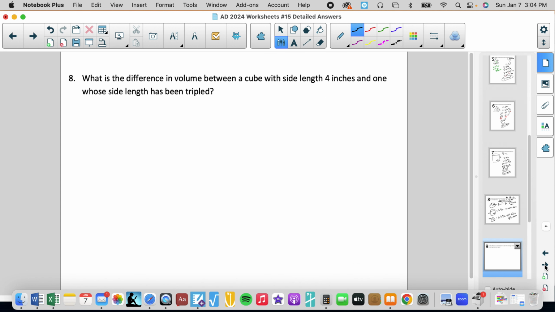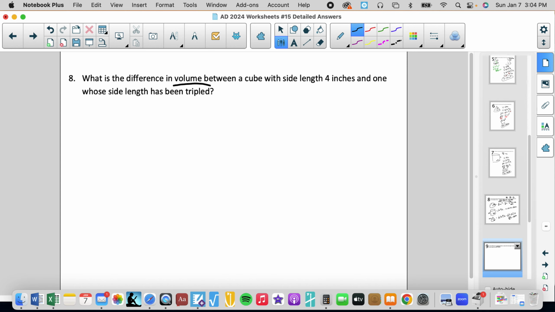What is the difference in volume between a cube with a side length of 4 inches and one whose side length has been tripled? Yes, this is good. So volume, we're going to increase. So we have scaling properties.